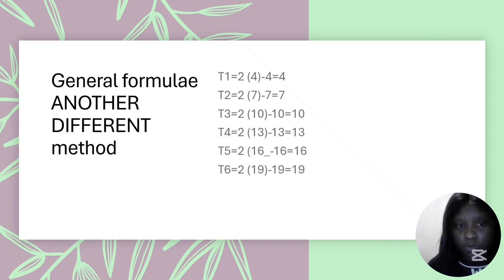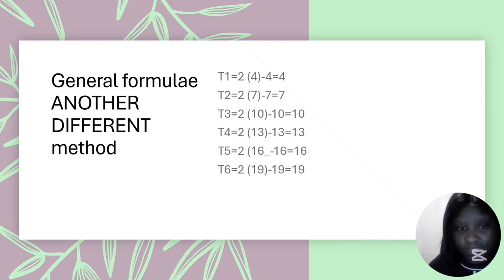This is another different formula, but you need to understand why we get 19 in term 6, the last one. Why do we get 19? It's because we said 19 times 2, right? After getting what 19 times 2 is, we minus 19 again. Then we get the 19.